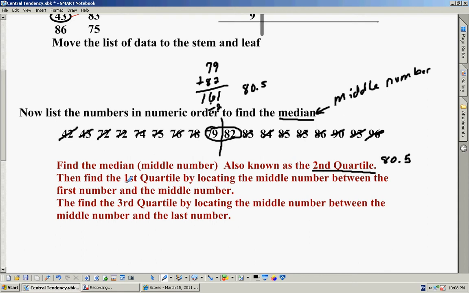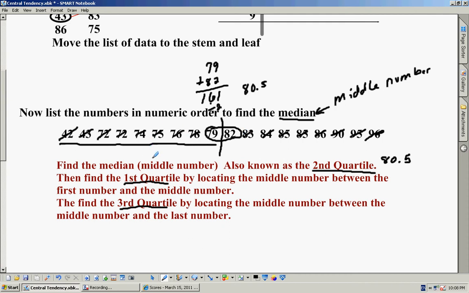Now, we also need to find the first quartile and the third quartile. Those numbers are also middle numbers, but notice, the first quartile is in the middle of this data right here. So you do the same process, canceling out numbers until you get to the middle number.